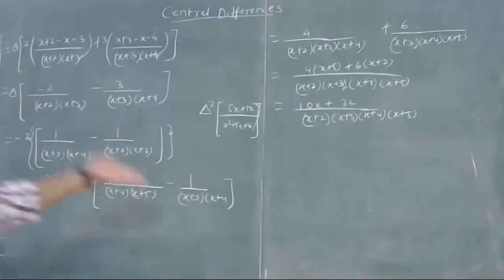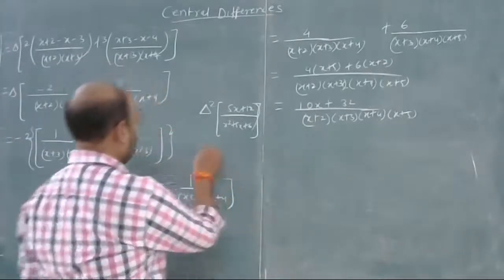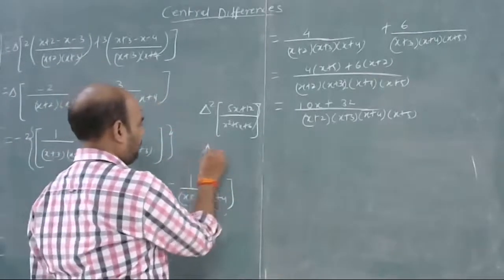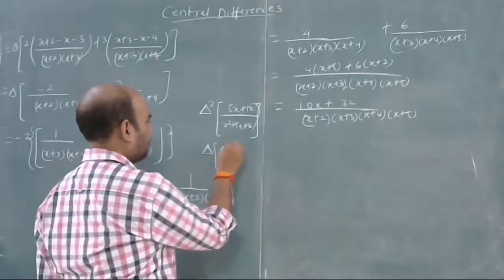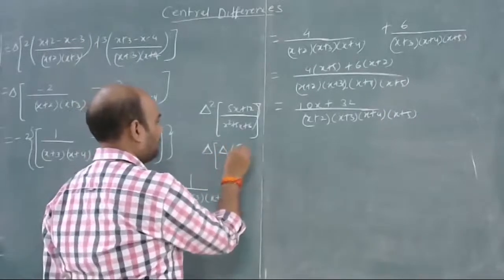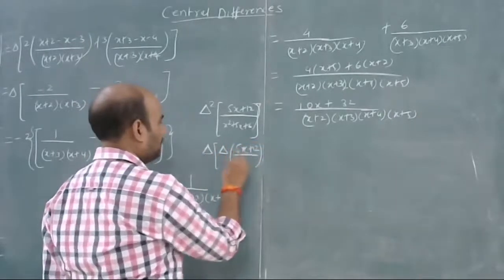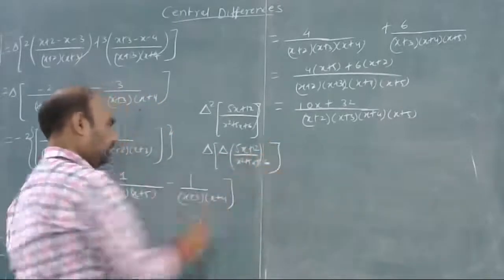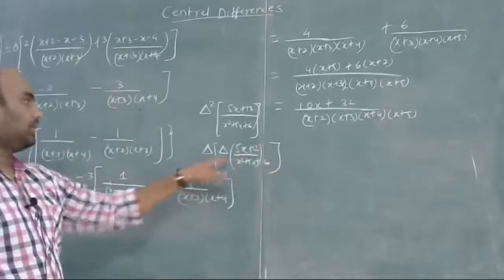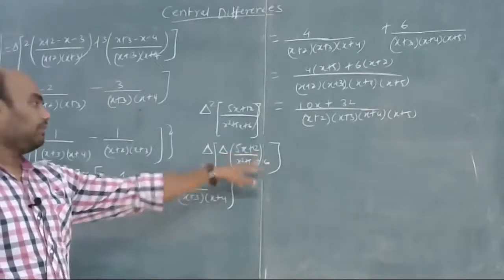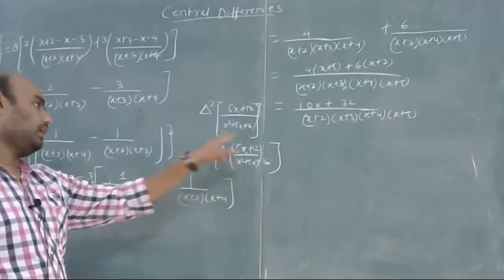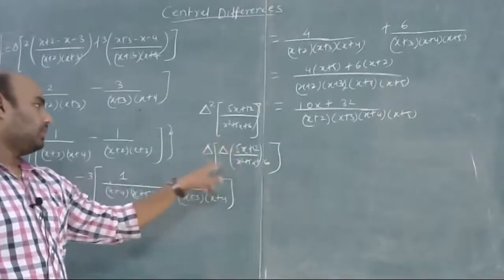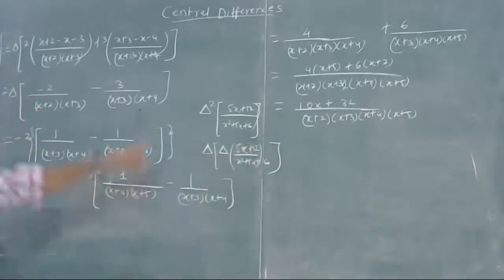You have to calculate the difference twice like this. First it can be done as del into del: find the first difference of this, and again find the difference of this term. So you will get this value.